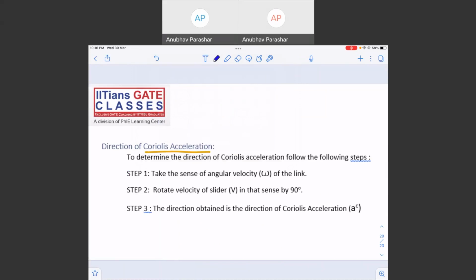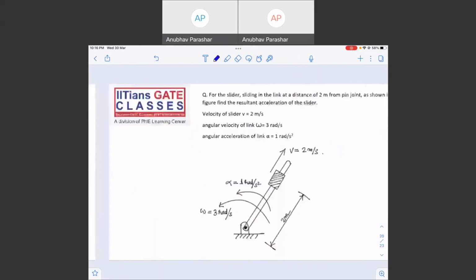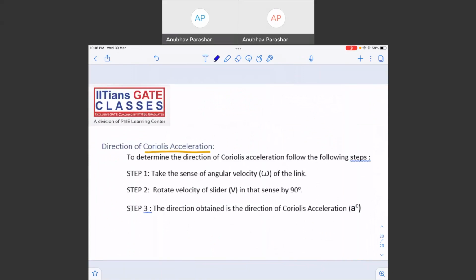Coriolis acceleration is experienced by a member which is sliding on a rotating link.